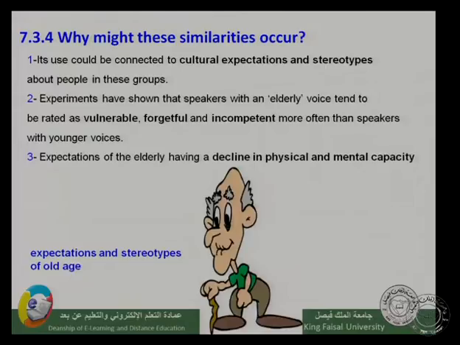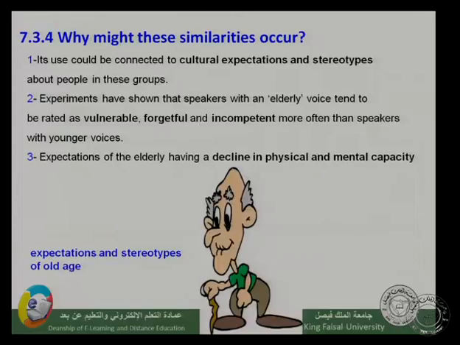Number two, experiments have shown that speakers with an elderly voice tend to be rated as vulnerable, easily hurt, forgetful and incompetent more often than speakers with young voices.